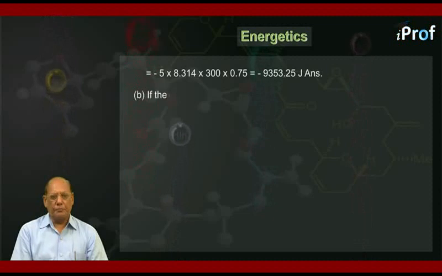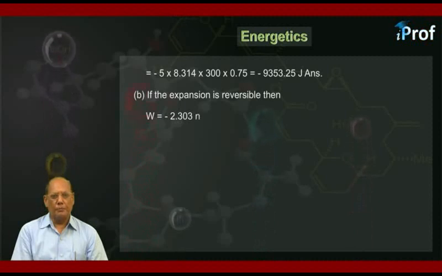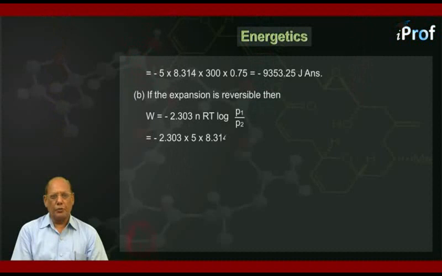Then solution B. If the expansion is reversible, then we know formula for W is minus 2.303 nRT log P1 upon P2. Substituting the values in this, we get W equal to minus 2.303 into 5 into 8.314 into 300 into log of 4 into 10 to the power 5 upon 1 into 10 to the power 5.